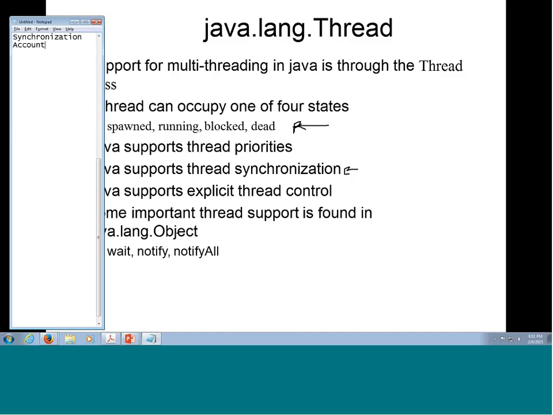An account, a deposit method. I'm going to deposit 50 bucks. So what happens is thread 1 reads the balance, and now the balance is supposed to be 150.